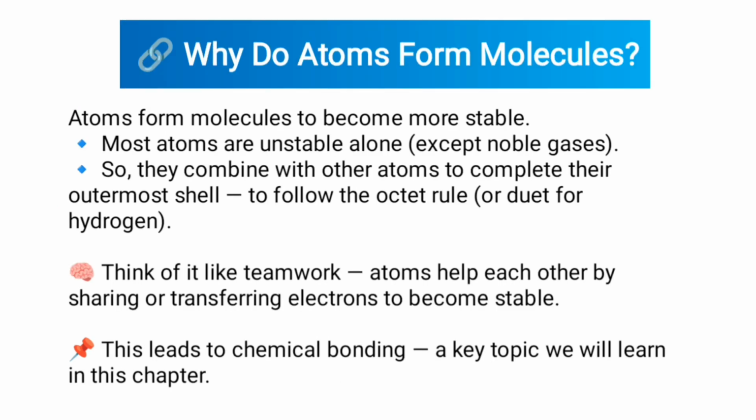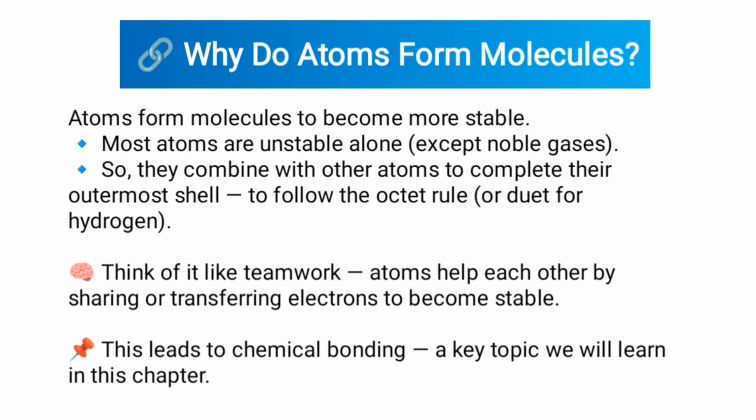Now, why do atoms form molecules? Atoms form molecules to become more stable. Most atoms are unstable alone except noble gases. So, they combine with other atoms to complete their outermost shell to follow the octet rule, or duet for hydrogen.